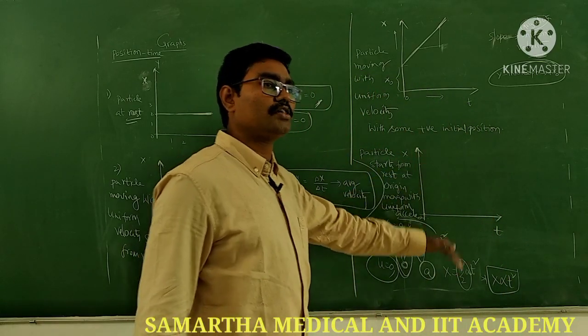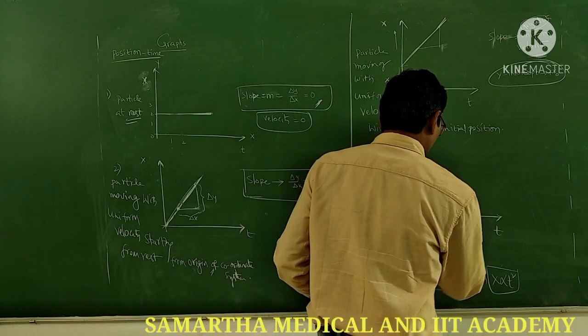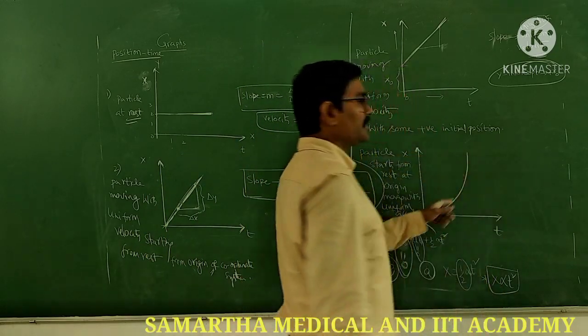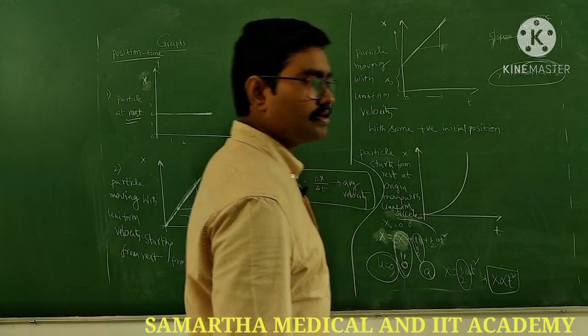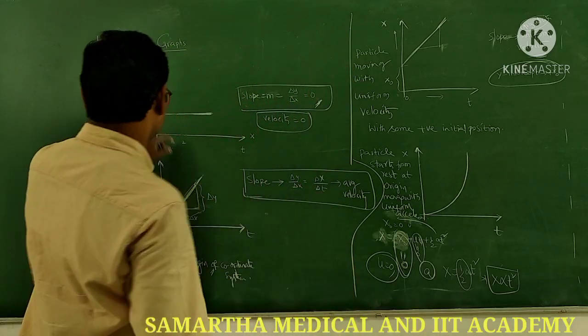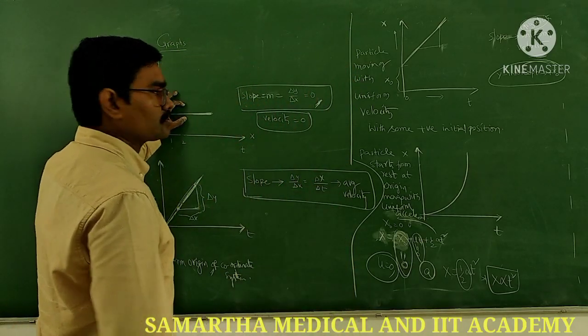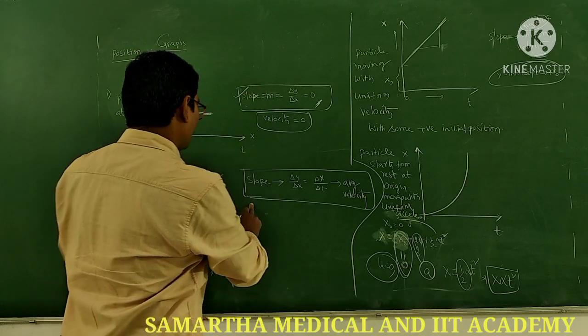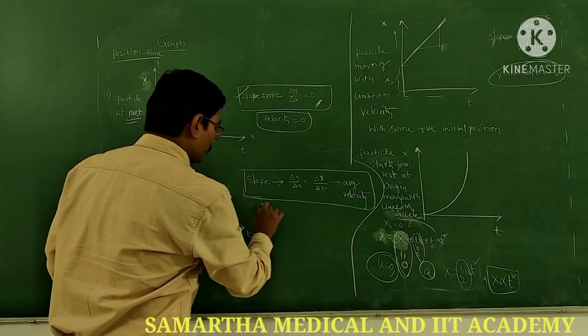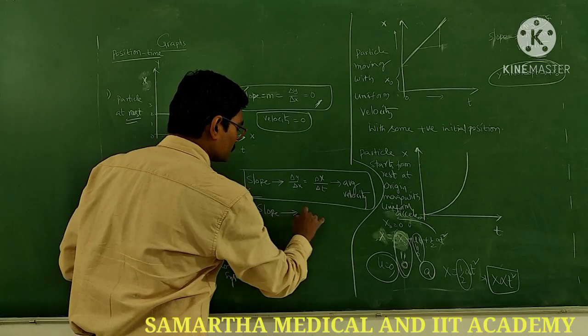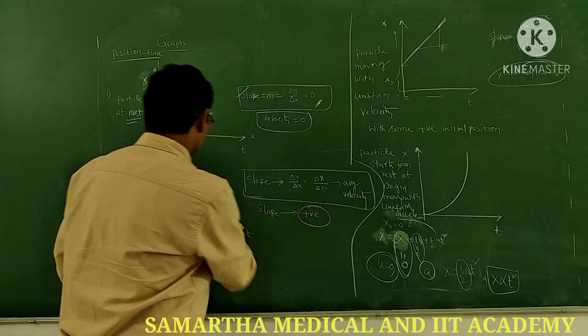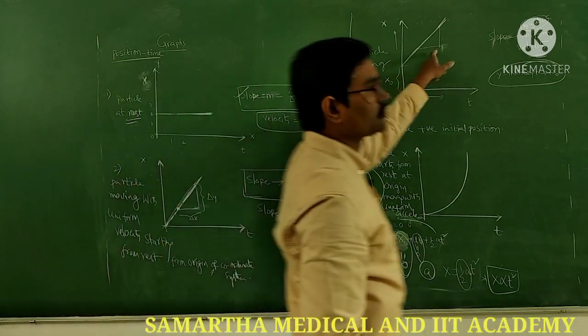Okay. Based on that expression, we are going to draw the curve like this. This is what? Increasing slope. What is the slope? Increasing slope. Here the slope is 0. Here what is the slope? Positive slope. The slope is positive. Here what is the slope?